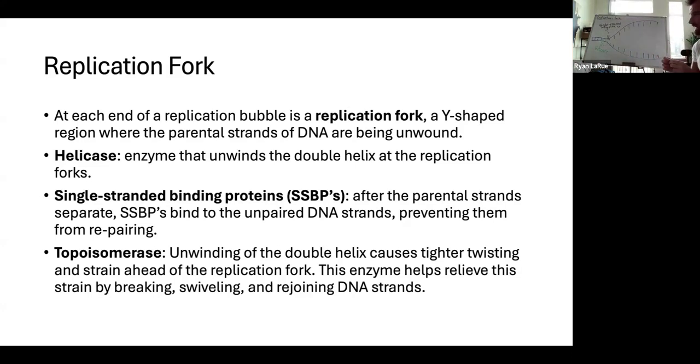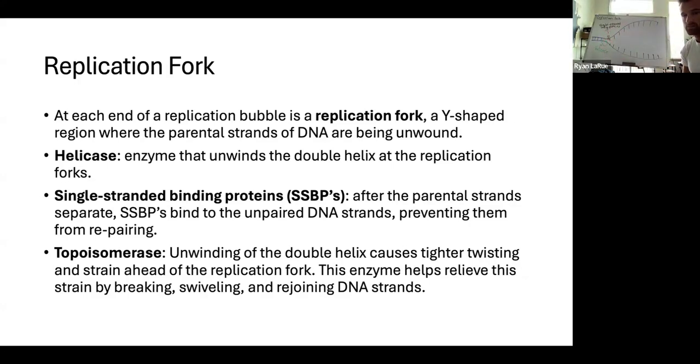If you have a rubber band and you open it up and start twisting it, like a DNA molecule is twisted up, but then we're trying to open it up, at the ends it gets a lot tighter.